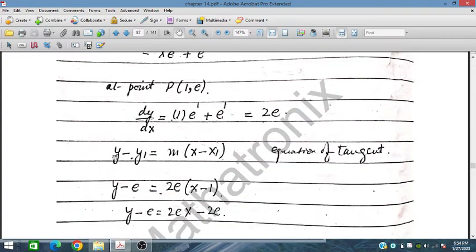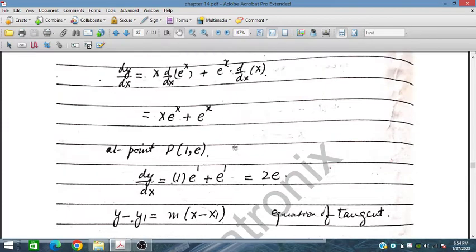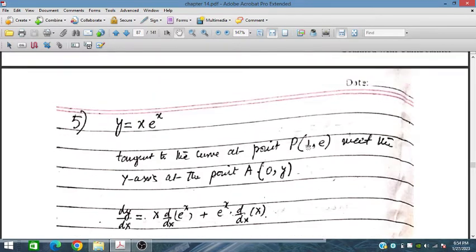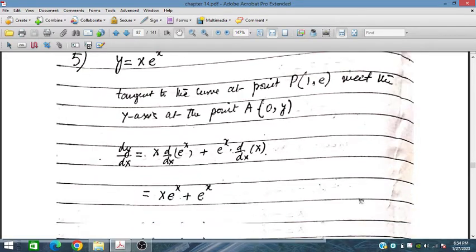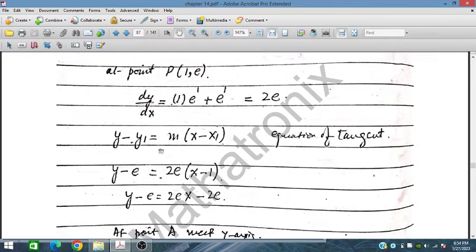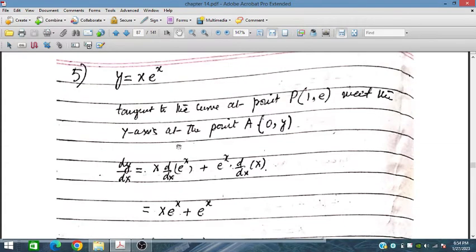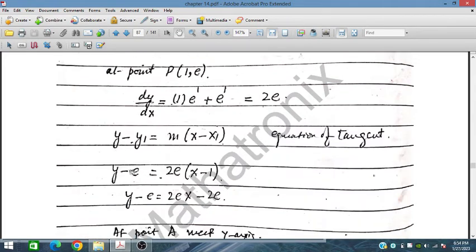So the equation of tangent becomes y minus y1 is equal to m times (x minus x1), where this is x1, this is y1, and m is the gradient.